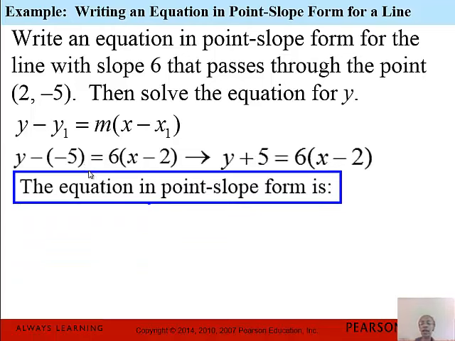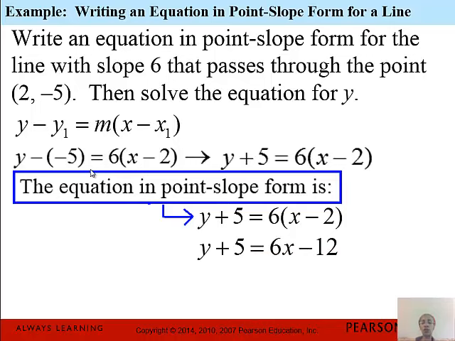And so now at this stage, we've actually found the point-slope form of the line equation. Notice we don't apply the distributive property or isolate the y when we leave the equation in this form. We are, however, asked to go on and solve the equation for y.